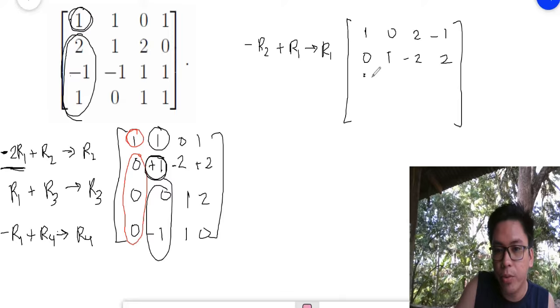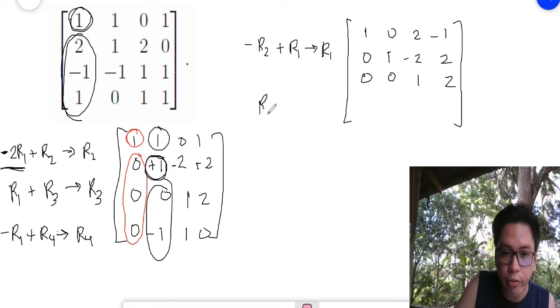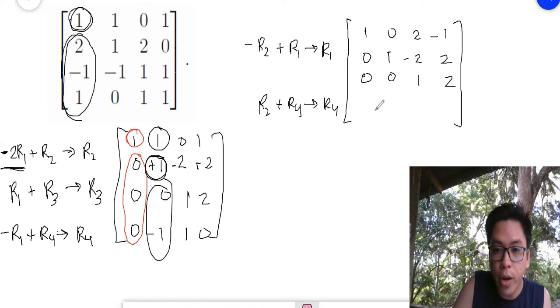It's already 0, so I'm just going to copy it as is. And then to achieve R4, this is 1 here, and this is negative 1. So I'm going to add R2 to R4, and that will be my new R4. So I'd have 0, 0, negative 1, and then 2.